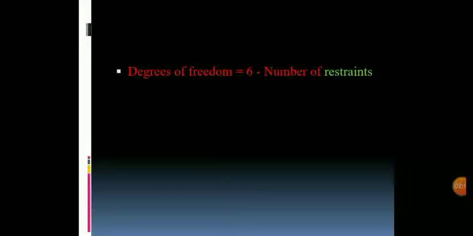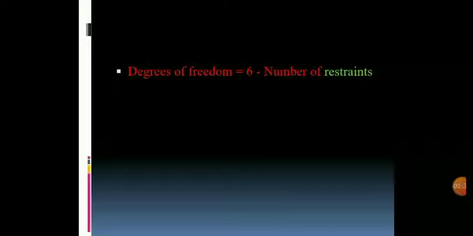The number of restraints means the number of restrictions present in the system which is not allowing that object to move in that particular direction, or about that particular axis, or along that particular axis. That is what the number of restraints is.